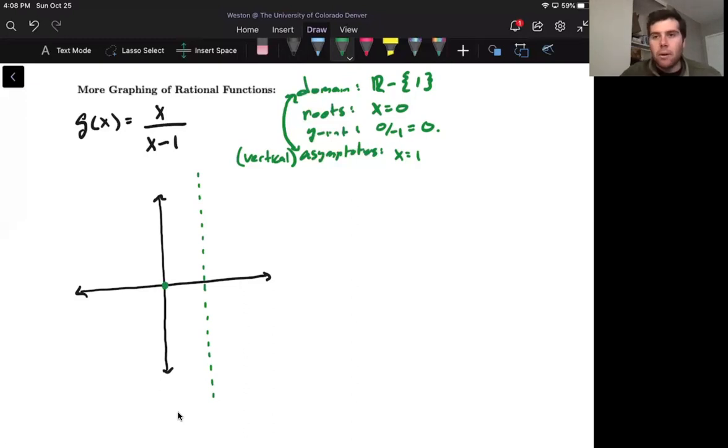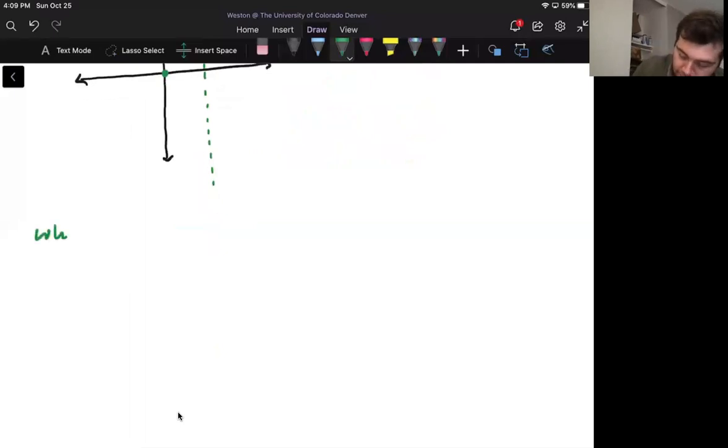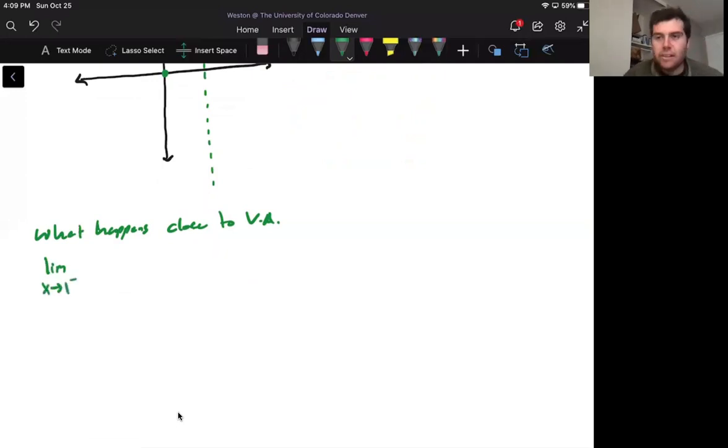All right, so we want to think about what happens when we're getting close to the asymptote. There's a couple different ways to write it, but let's start off with what happens close to the vertical asymptote. Write it in limit notation. The limit as x goes to 1 from less than 1, with this little negative, of f of x.